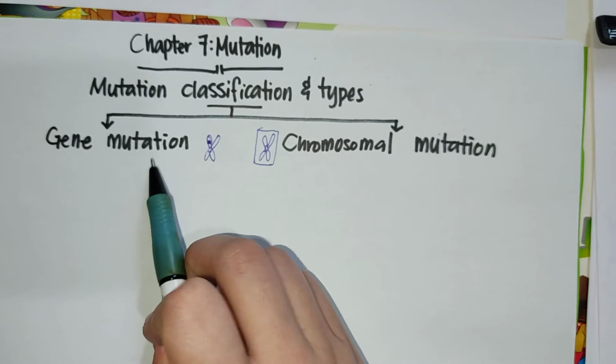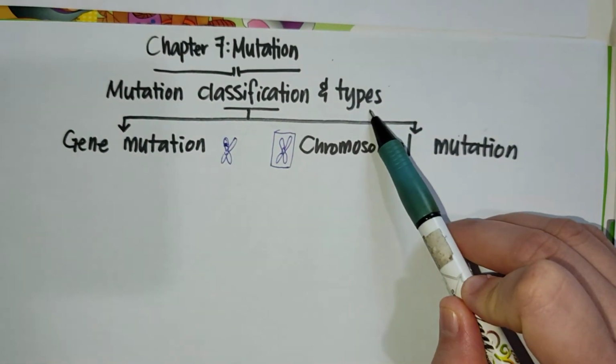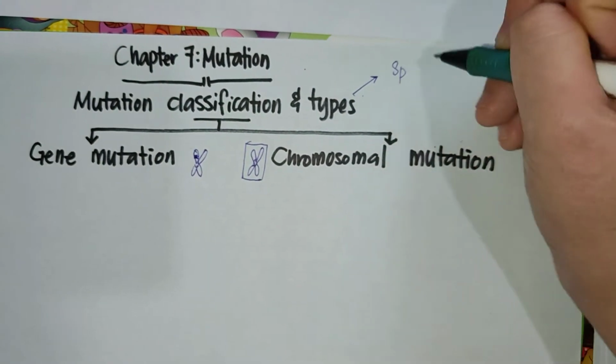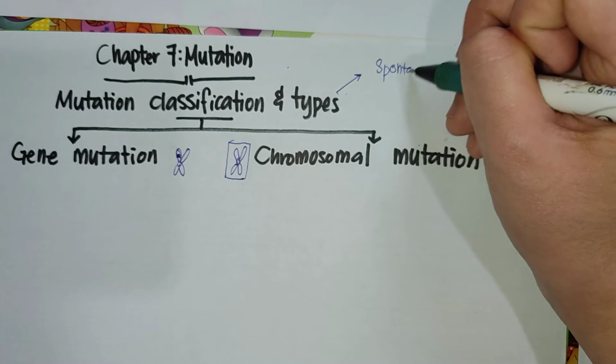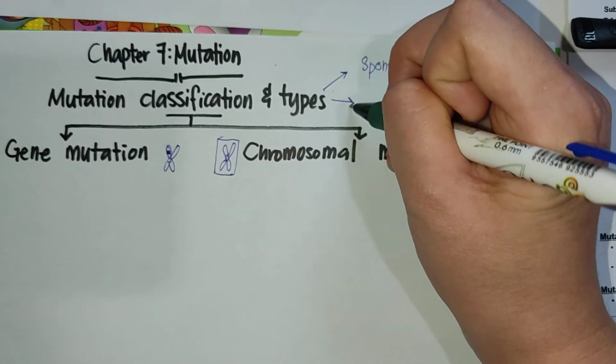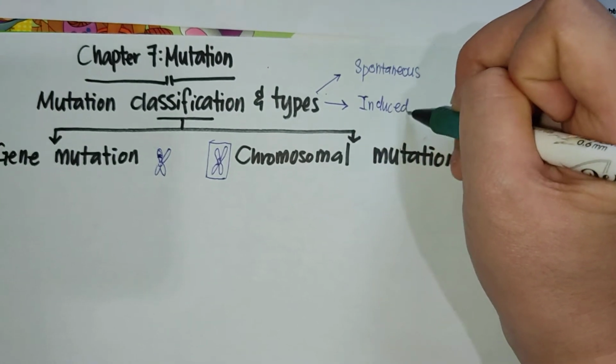Those are the 2 classes of mutation. What are the 2 types of mutation? Mutation can occur spontaneously. So that's spontaneous mutation. Or it can occur because it is being induced by something outside.